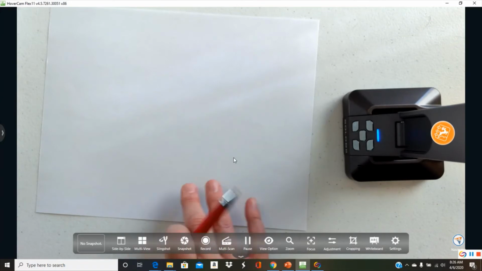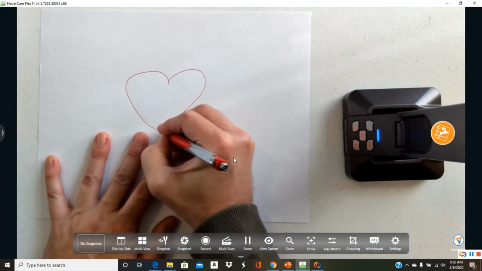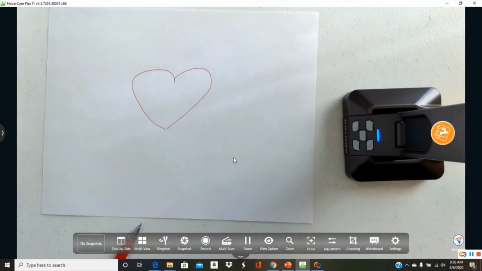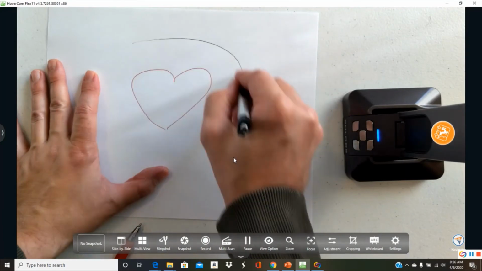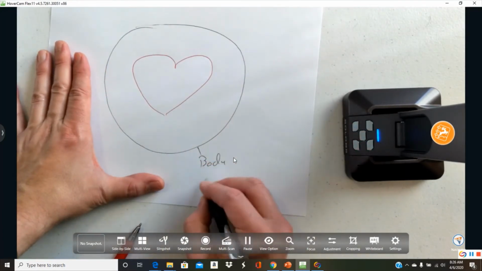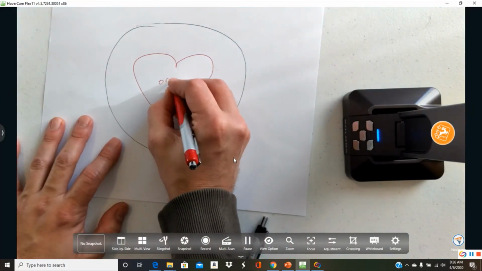So let's say I have an organ right here, and I'm just going to use a heart in this case, just as any visceral organ. And then I'm going to draw a circle around this, and this is going to reference the body wall. And we're just going to use the heart as a stand-in for an organ.